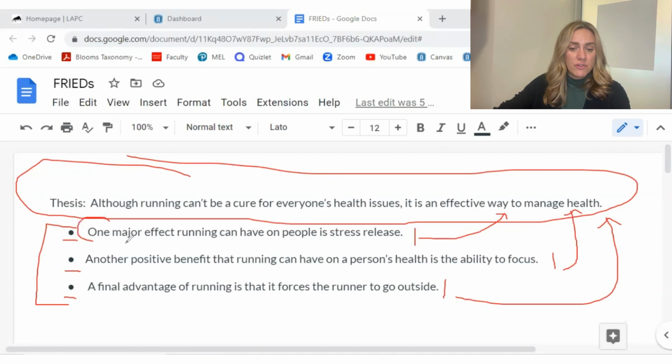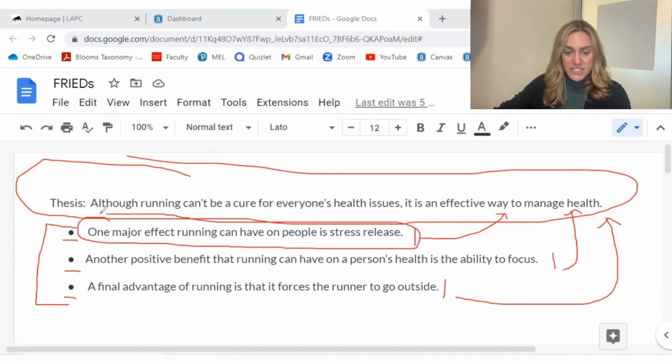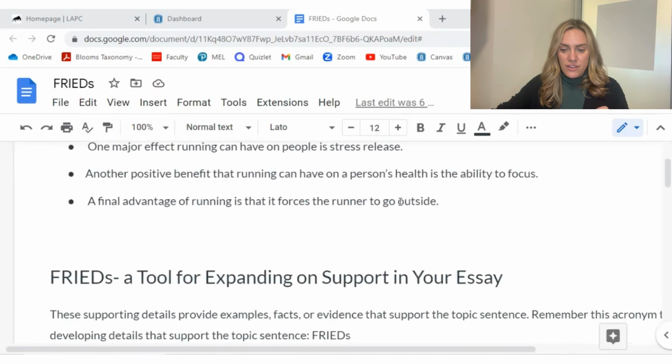And so let's focus on the first point, the first reason. This is going to be the first body paragraph within an essay. And it says, one major effect running can have on people is stress release. So let's take that point and let's turn it into a body paragraph using FRIEDS, okay?